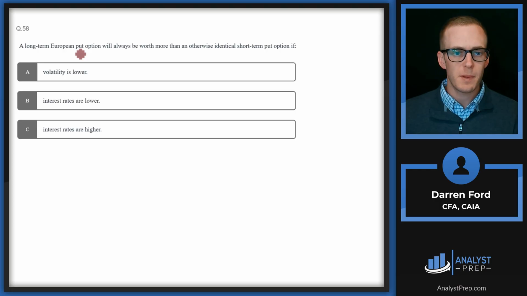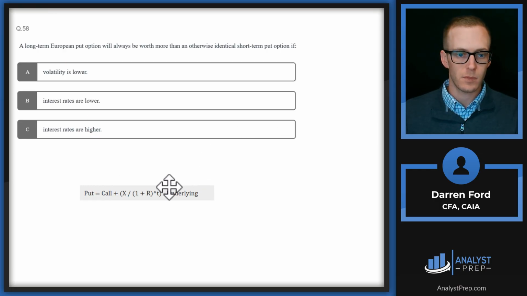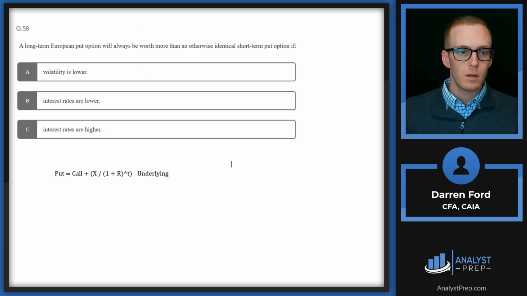A long-term European put option will always be worth more than an otherwise identical short-term put option if A, volatility is lower, B, interest rates are lower, or C, interest rates are higher. So I think it's helpful to look at this formula when distinguishing this. And this is mainly going to be looking at B and C. So let's rule out A, volatility is lower.